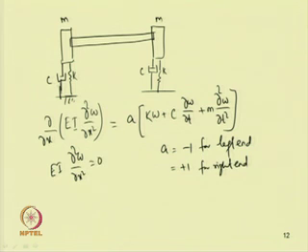Instead of taking this linear spring and damper, one can take a torsional spring and damper also. In this case, let us take a rotary mass also, a mass with moment of inertia I, and let us take a torsional spring and torsional damper.